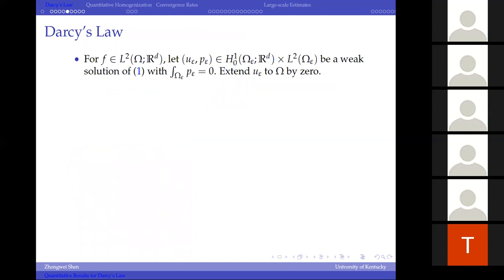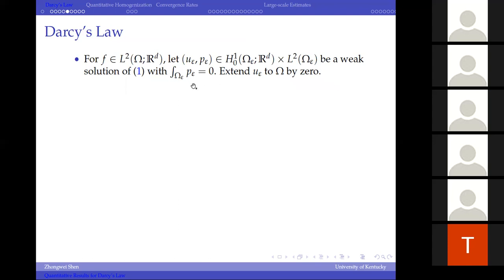All right, so for each epsilon, you're given an f, and omega epsilon, of course, is a bounded domain. You can solve the Stokes equation. You come up with a weak solution in H^1_0 of omega epsilon for the velocity, and the pressure is an L^2 function.